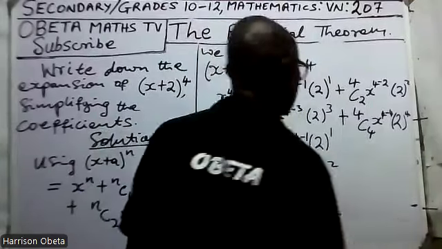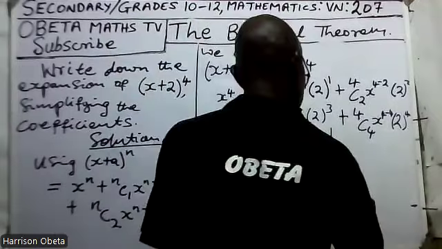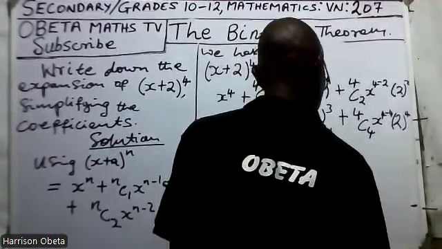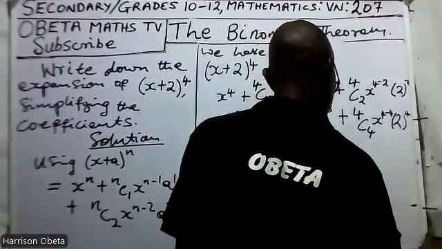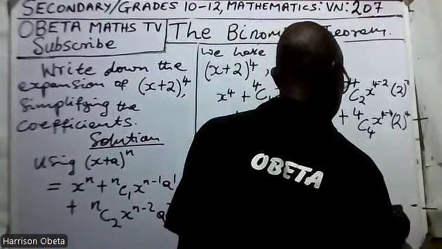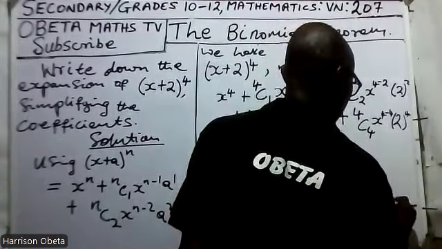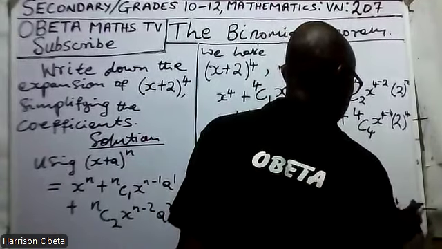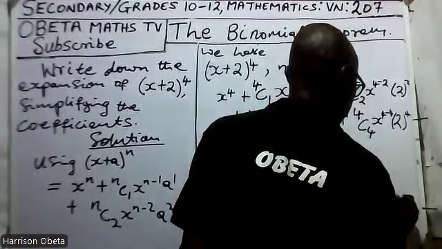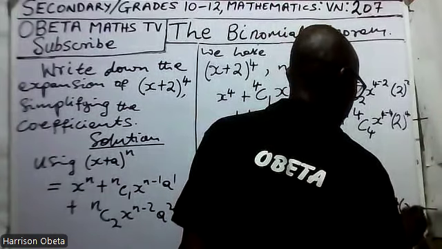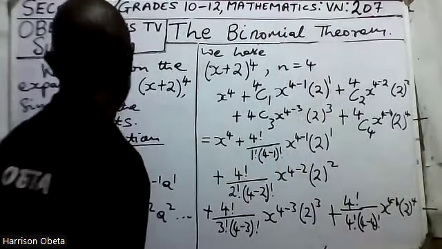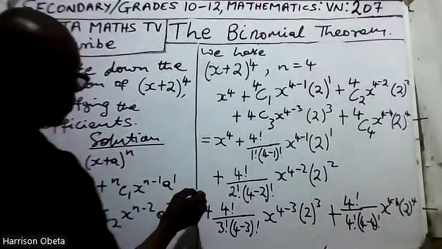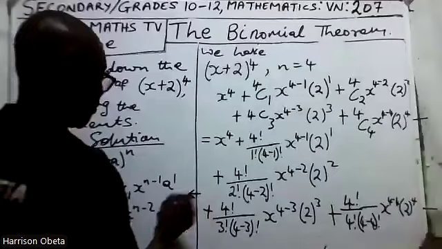Then plus, we are picking the final one now, 4 factorial over 4 factorial into 4 minus 4 factorial, x raised power 4 minus 4, then into 2 raised power 4. Okay, so we are coming back from here to this place to simplify.